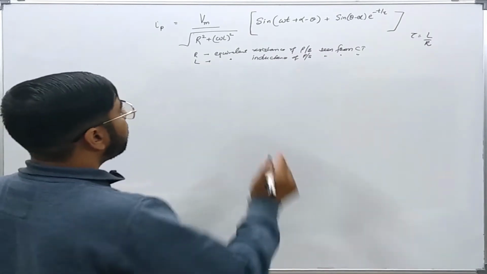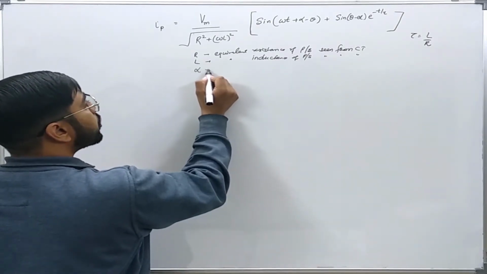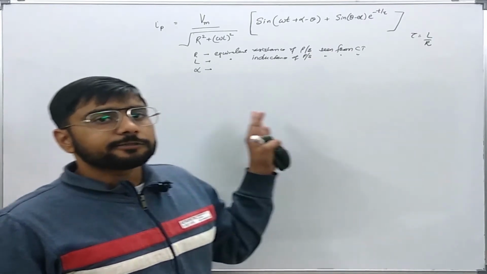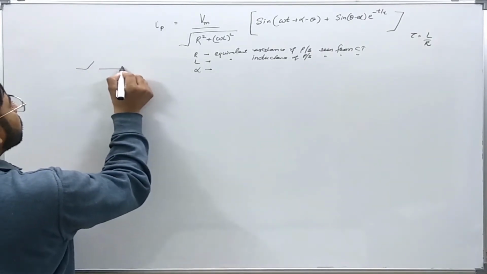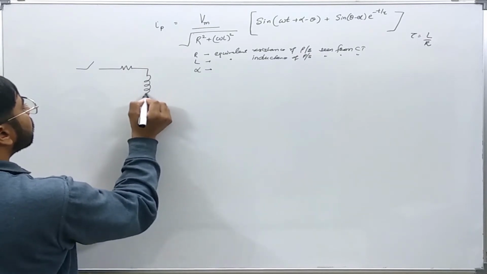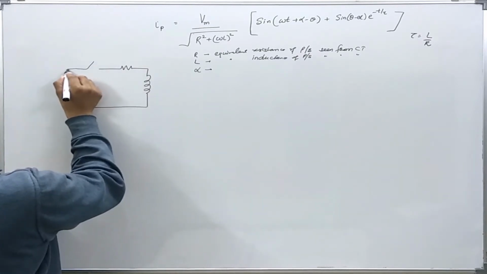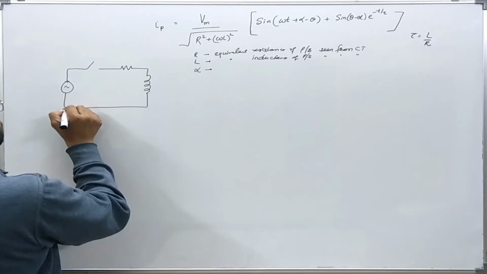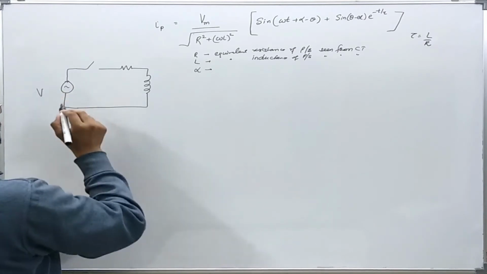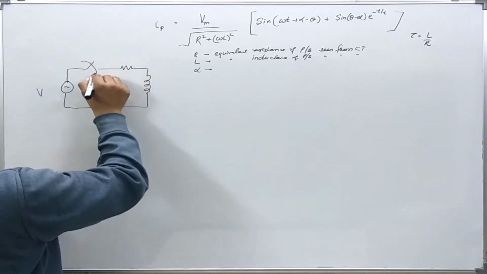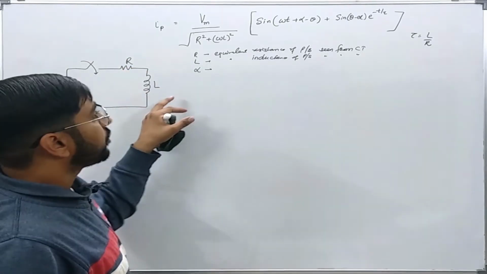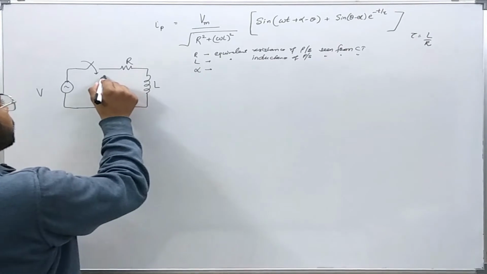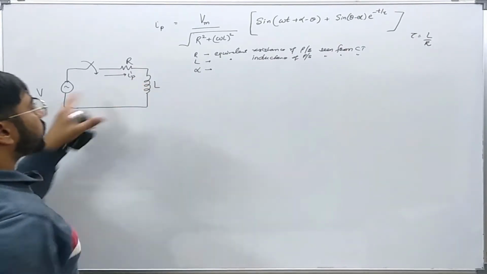Now, alpha is controlling the instant when the switch is closed in the RL circuit. Okay, this is the equation or the response of the current for this circuit.